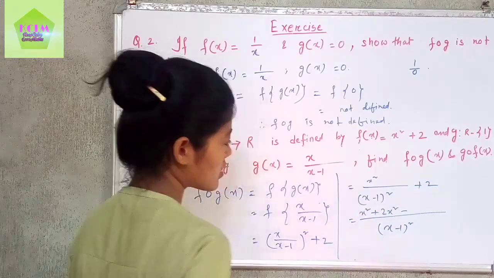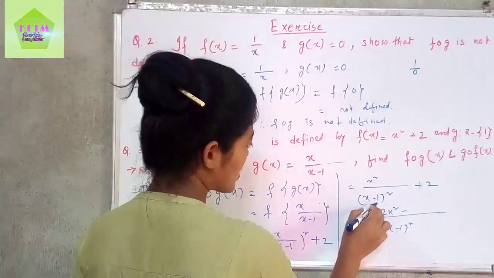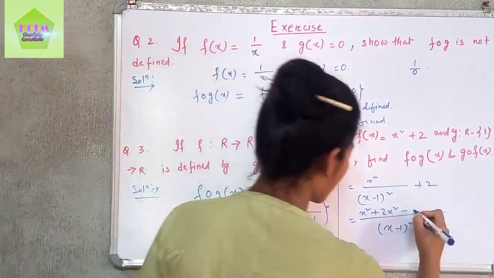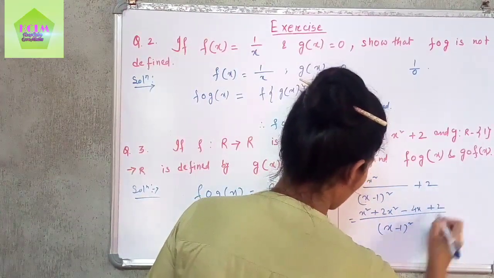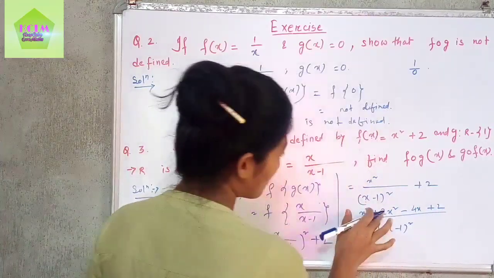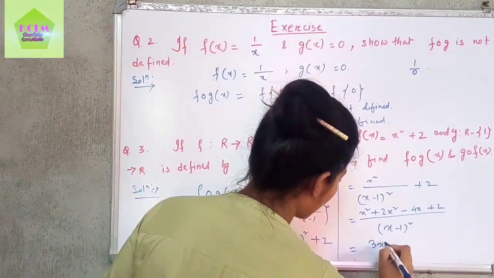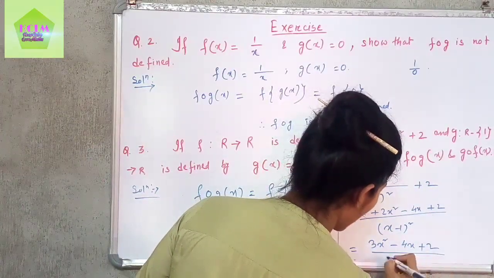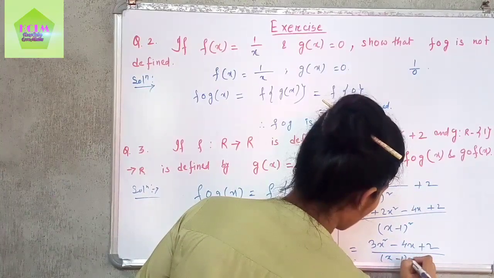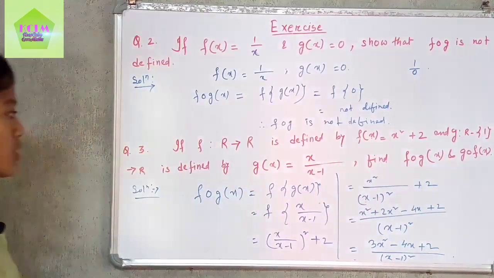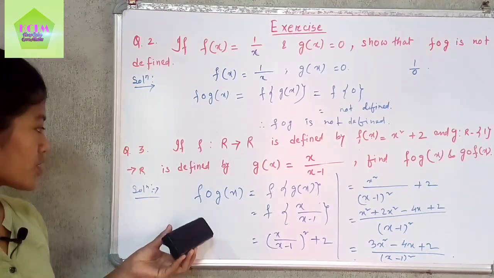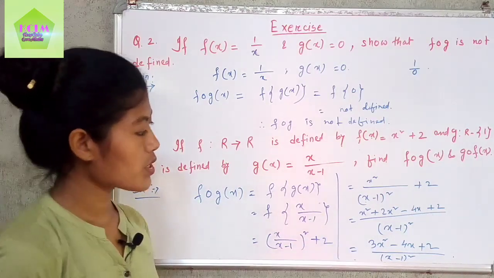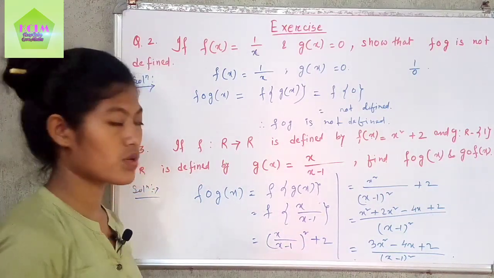If we simplify, we get x square plus 2 times (x square minus 2x plus 1), x square minus 2x, but we multiply 2 here, so minus 4x plus 2. Finally, we can get 2 plus 1, 3x square minus 4x plus 2 divided by (x minus 1) whole square. So, the composite function f naught g of x will be 3x square minus 4x plus 2 divided by (x minus 1) whole square.